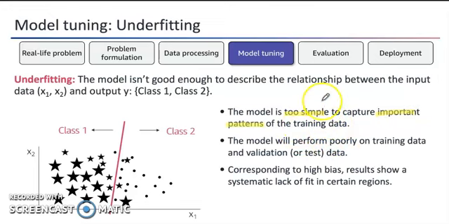Ultimately, the training data set is always a sample of much larger, more general patterns, right?